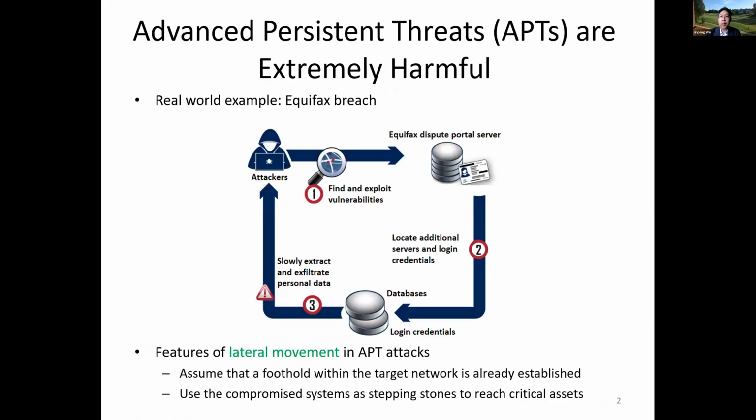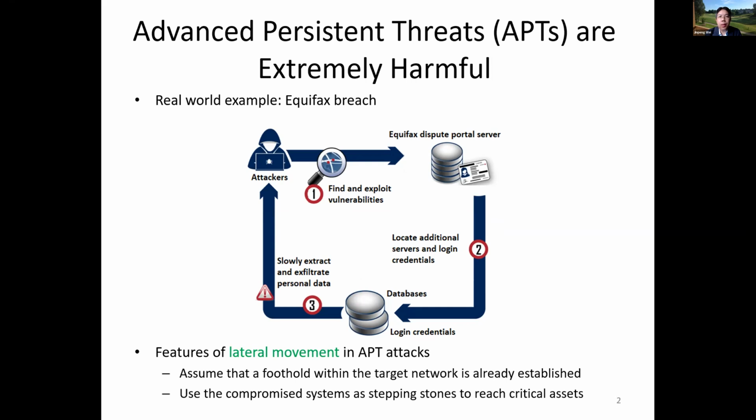The technical background of this project is advanced persistent threats, or APTs. APTs are sophisticated, well-planned, and multi-step cyber attacks that pose serious threats for the security of mission-critical enterprise systems. One famous APT attack is the Equifax breach, which revealed the personal data of millions of users.